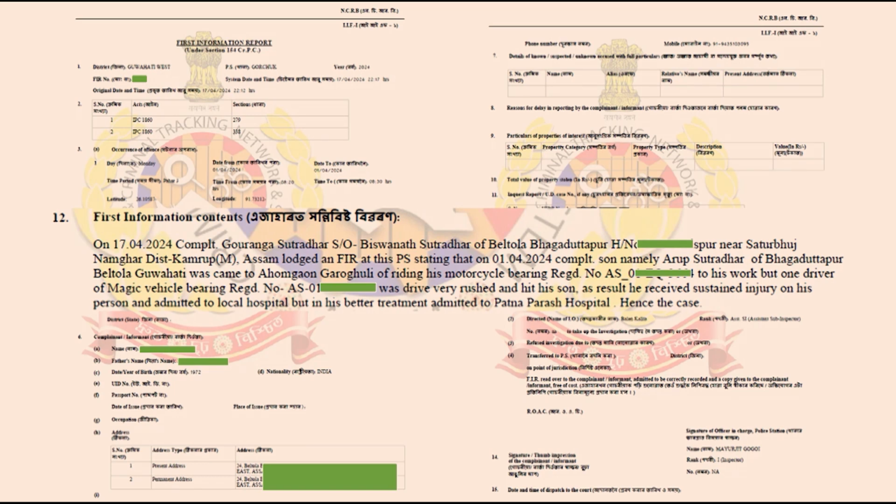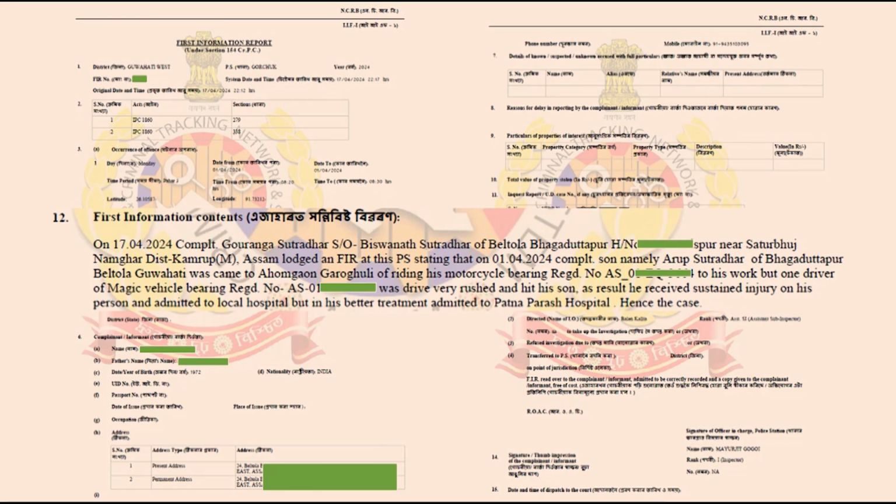They give this kind of narration: this person, son of this person, house number this, near this place, lodges an FIR stating that on this date his son from this place was coming to this place riding a motorcycle bearing this number, and a driver of a Magic vehicle bearing this number drove very rashly and hit his son.